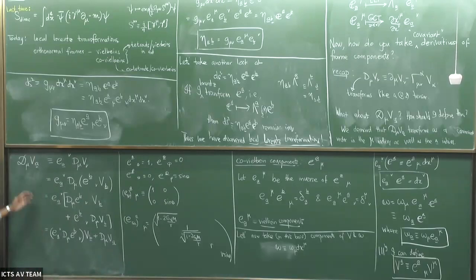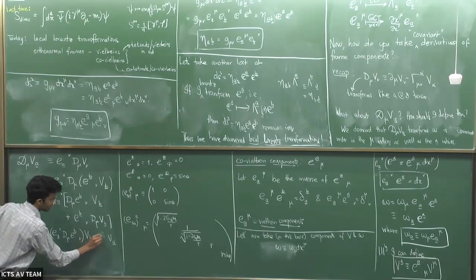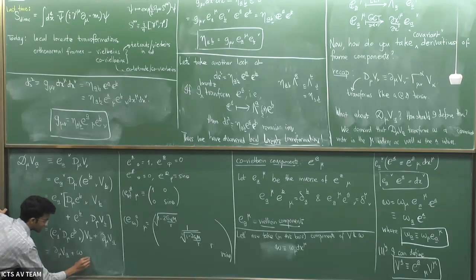And I want to write this in the usual way we write covariant derivatives. Notice that this does not have any spacetime index, so d mu is just del mu. The usual way is del mu plus some gamma, so I will write this as del mu va plus something that should have a mu index, and also an A index as well as a B index to contract with the vb.